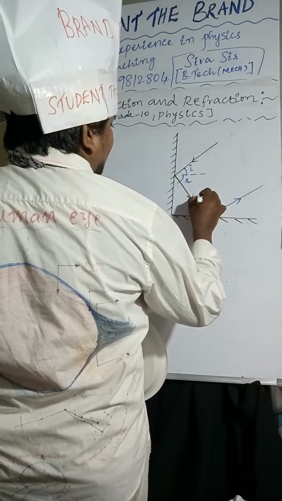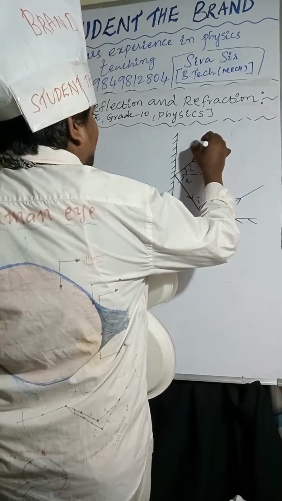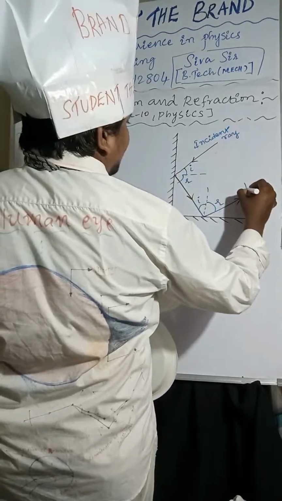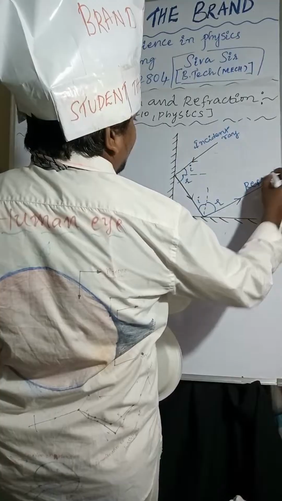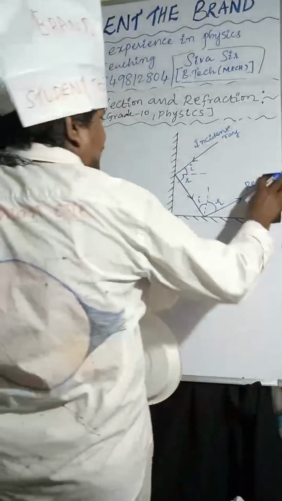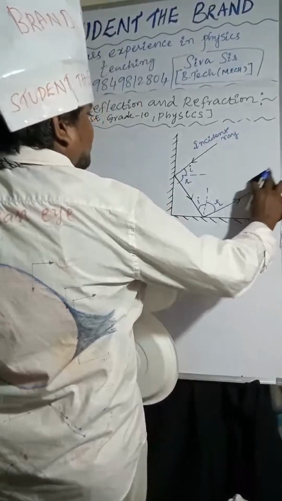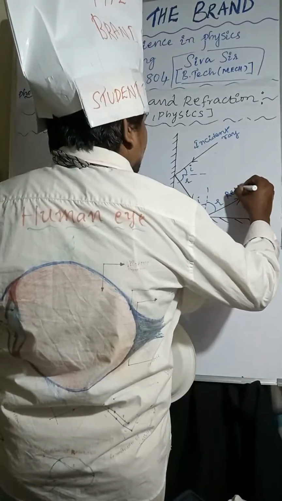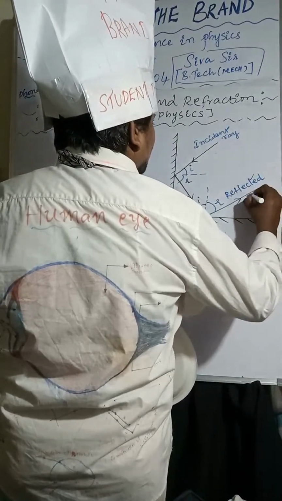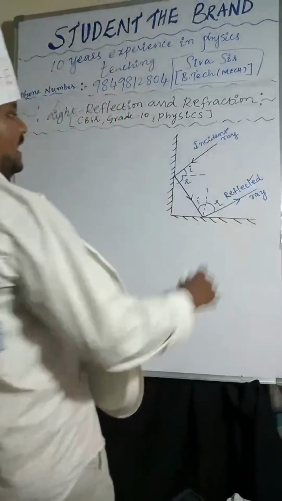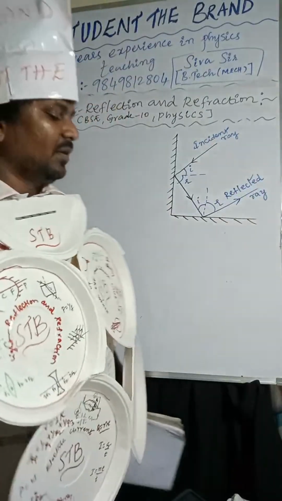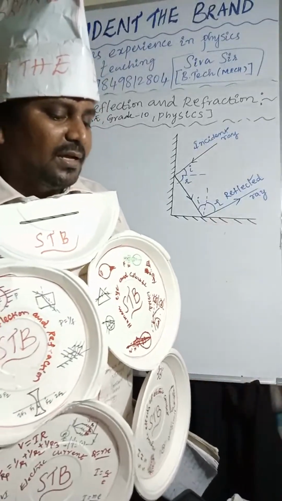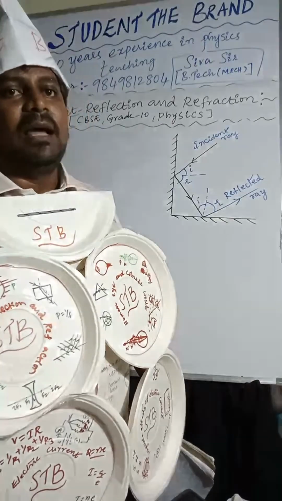This is the incident ray, and this one is the reflected ray. So these two are parallel to each other. Like this we are considering.